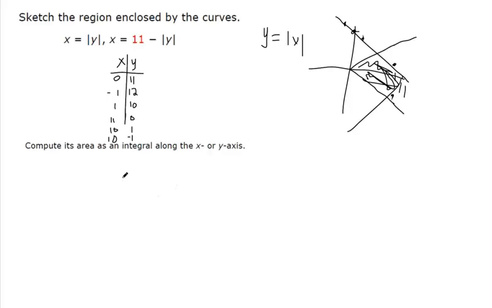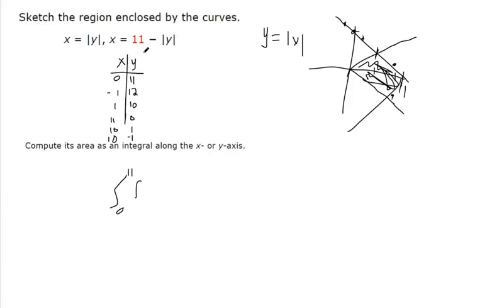So what we could do is integrate this whole function starting from x equals 0 to, we said, x equals 11. And if you compute that integral, that's going to tell you the area above the x-axis. Well, here, we could break it up where the function changes right here.